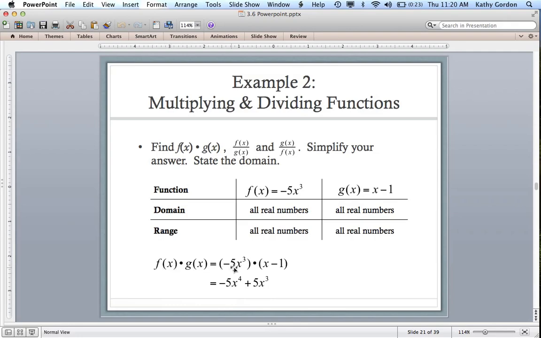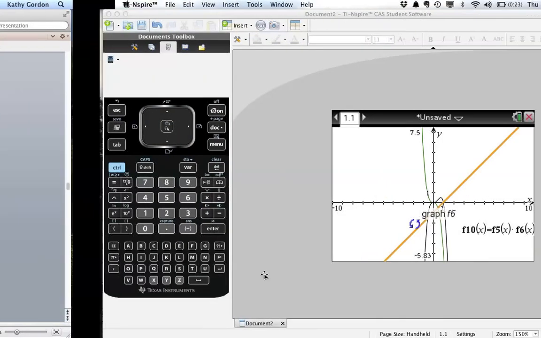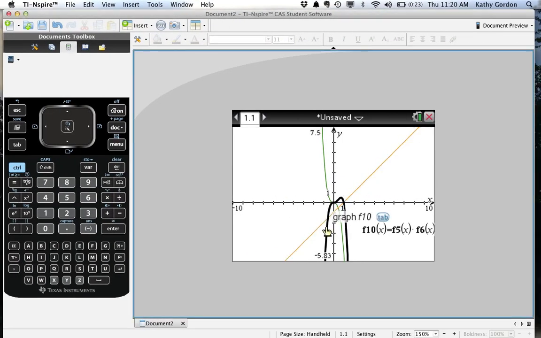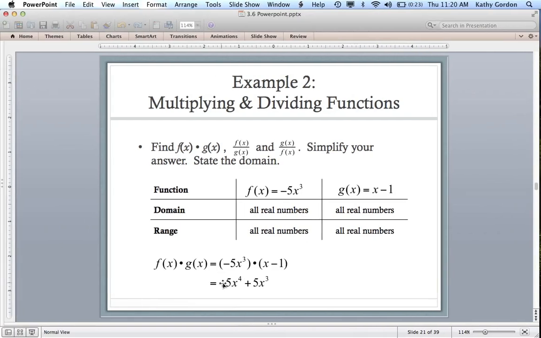And my actual function for this black graph is going to be the function of taking negative 5x cubed times x minus 1. So my negative 5x cubed will be distributed, and I get negative 5x to the fourth plus, because the negative and negative will be plus a 5x cubed.